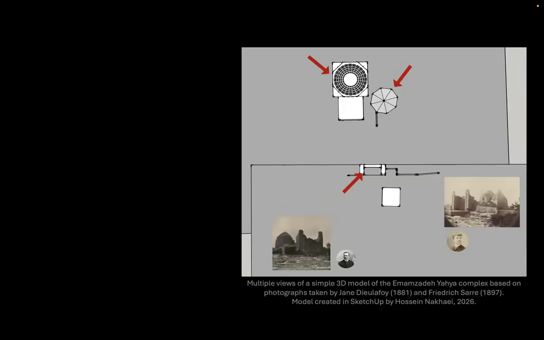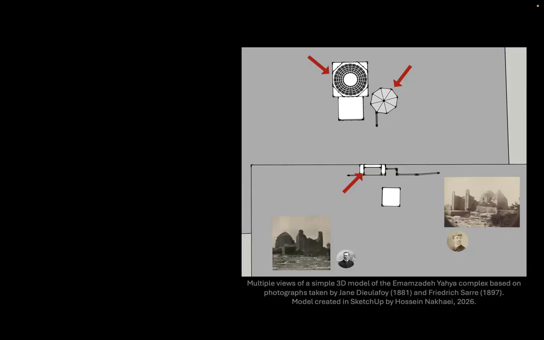I began by constructing a new basic model composed of the three principal elements: the dome chamber, the entrance portal, and the octagonal tower, and then refined it through an iterative process. Distances, alignments, and proportions were adjusted step by step, with each change tested against both views.